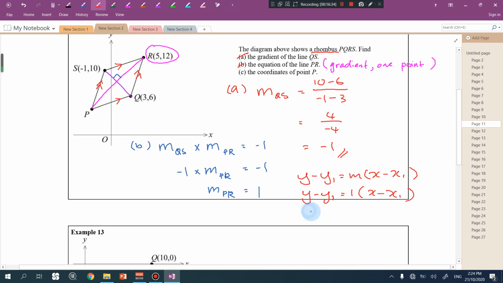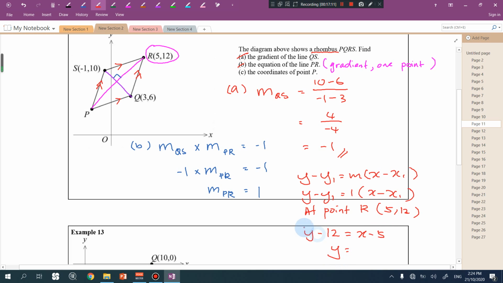Now, one point. Remember, we can only use a point that falls on the straight line that we are going to find the equation for. So at point R, (5, 12). This is y and this is x. The y I'm going to plug in here and the x I'm going to plug in here. y minus y1 is equal to 1 times x minus x1, which is equal to 5.